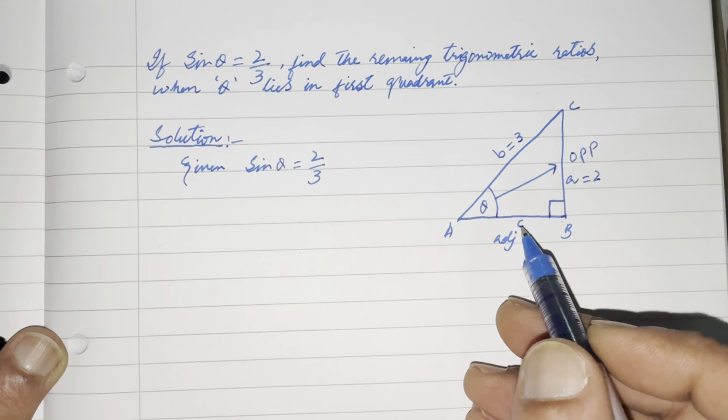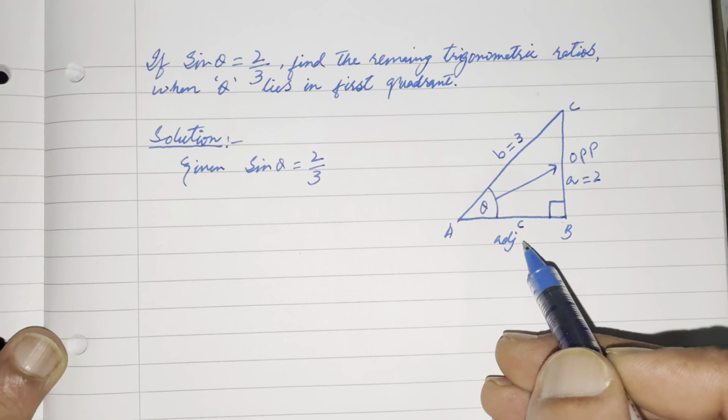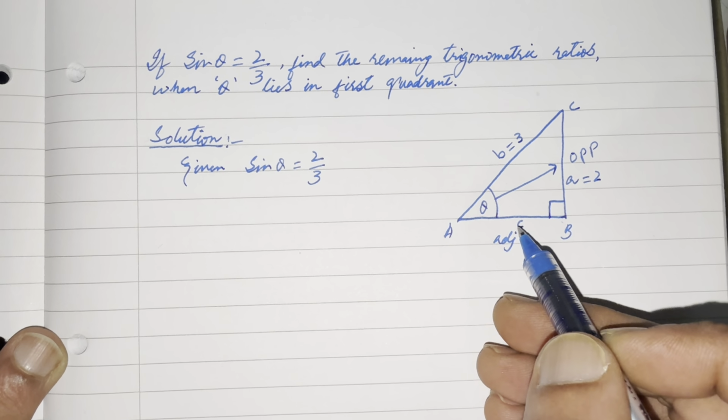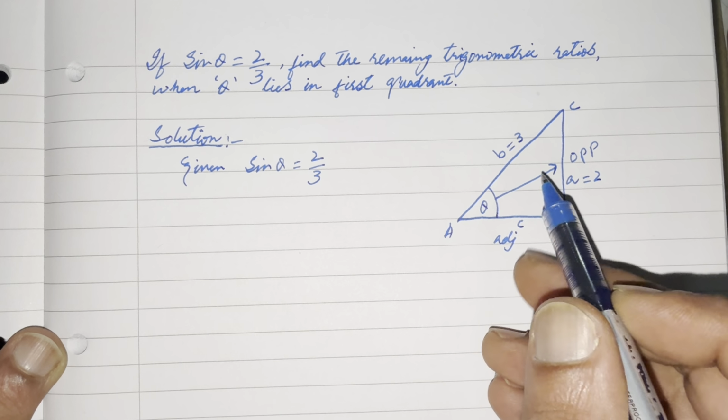As we know, if two sides are given and we have to find the third side, we always use the Pythagoras theorem.